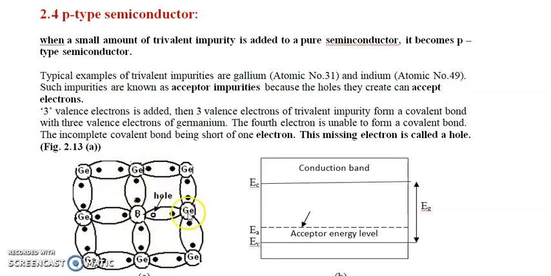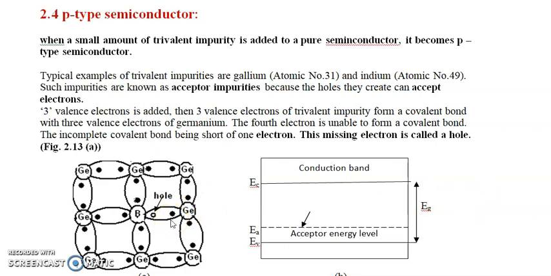The germanium atom is unable to form a covalent bond here because there is no fourth electron. There is an absence of one electron, a missing electron. It is called a hole. So when you add a trivalent atom, a hole is created. When you add more trivalent atoms, more holes are created.